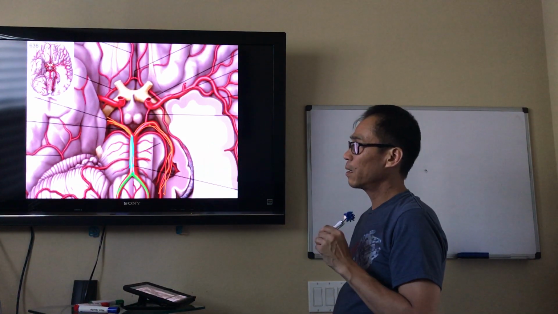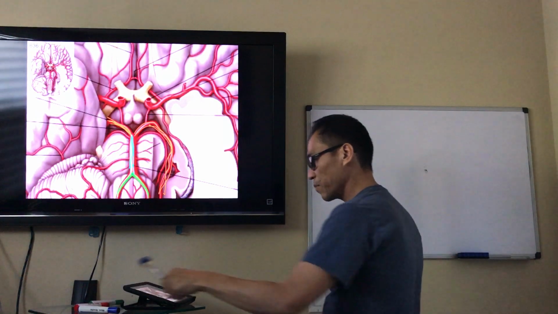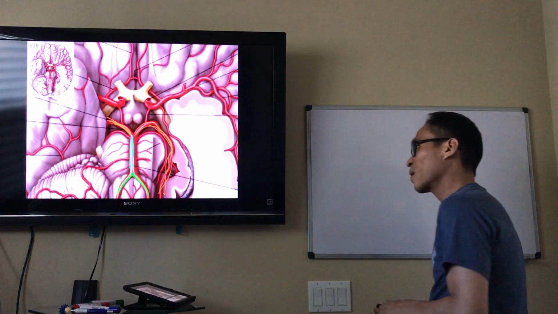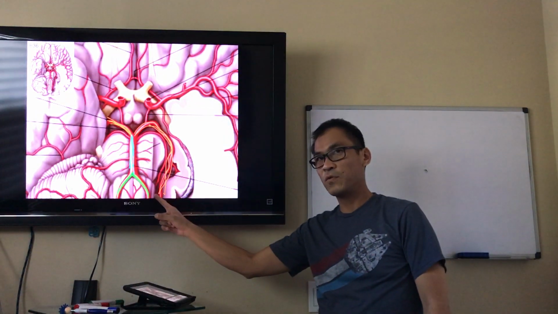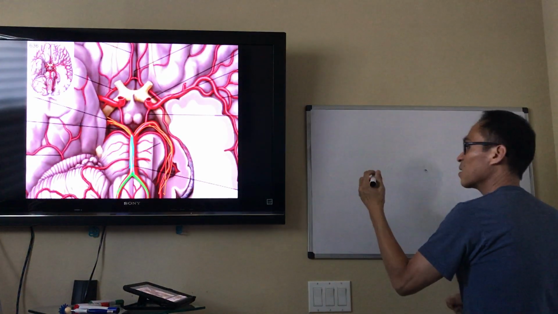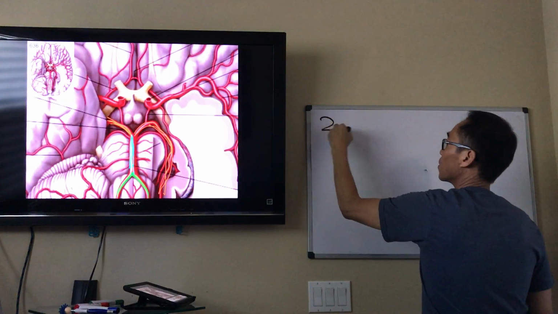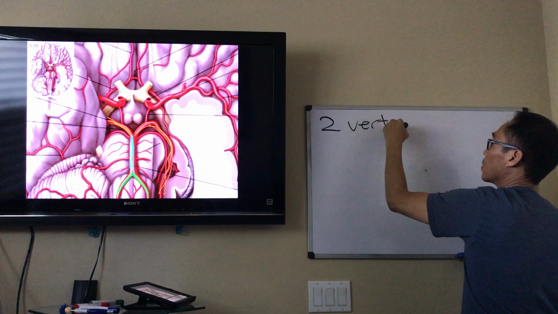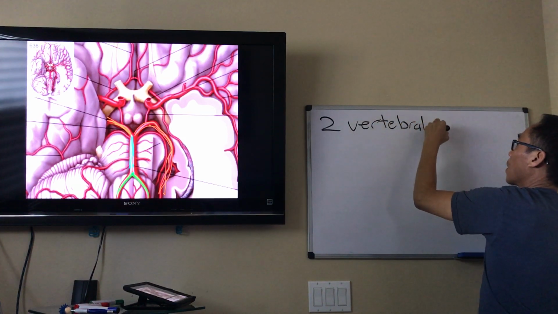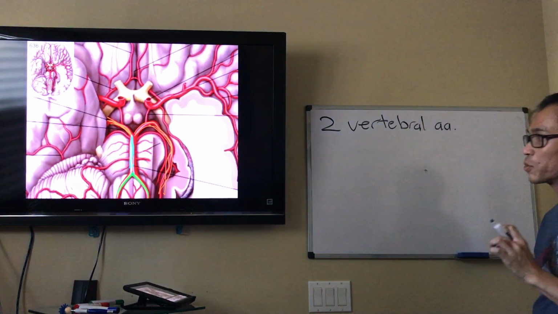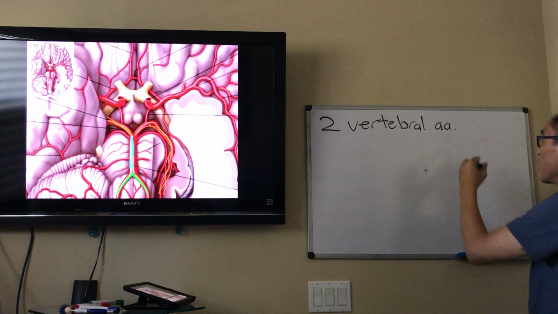Okay, so let's note what we have so far. Two in green, two vertebral arteries. They merge to form one basilar artery.